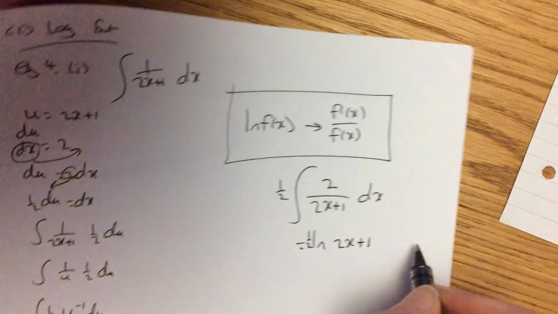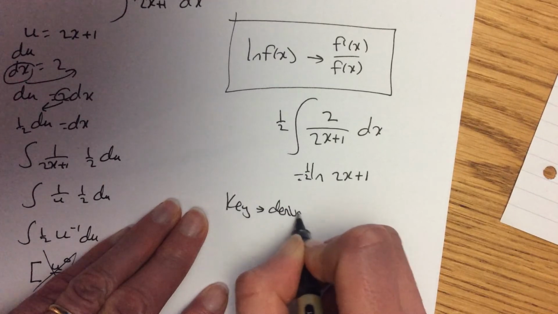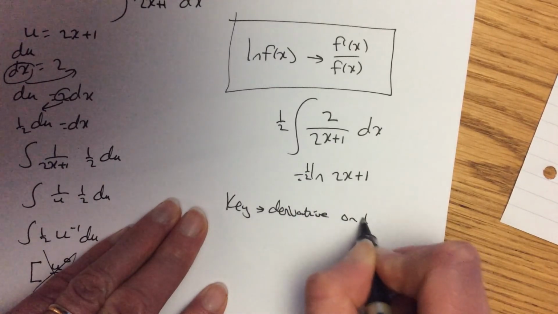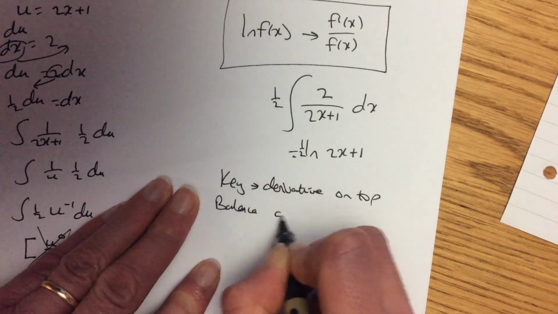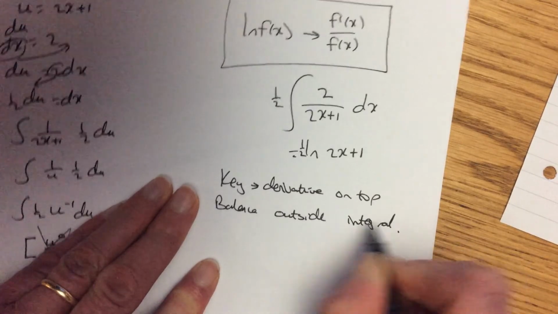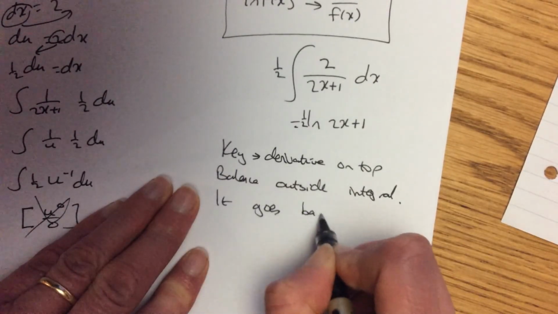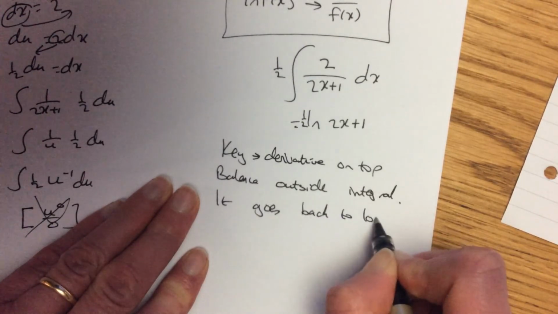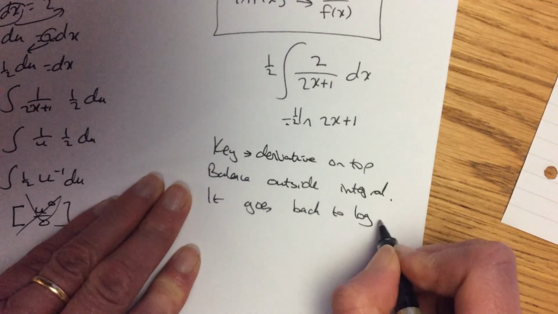That's it done. So I'll give you a few wee notes there. The key is the derivative on top. And you balance outside. Then it goes back to a log function, log or ln. I tend to use ln.